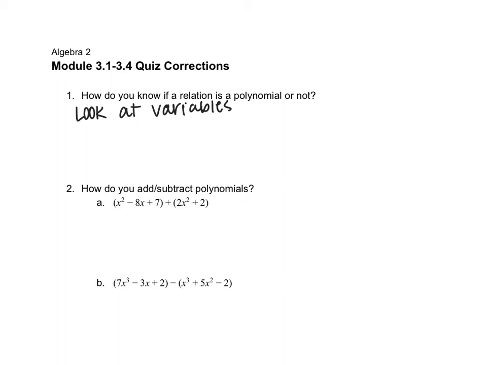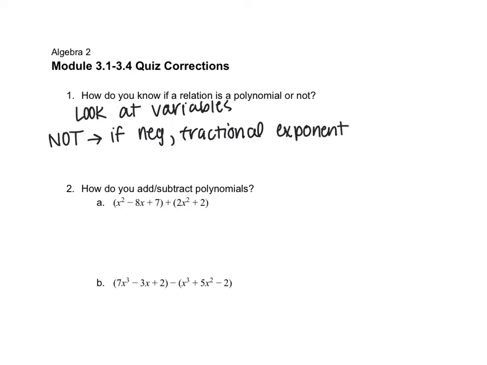A relation is not a polynomial if there are negative, fractional exponents, any type of root, or a variable in the denominator of a fraction.